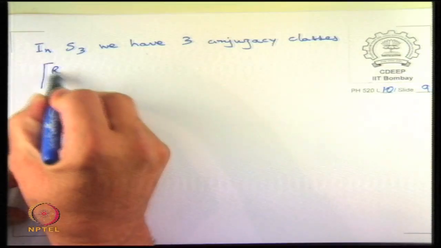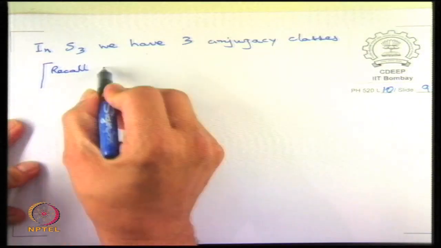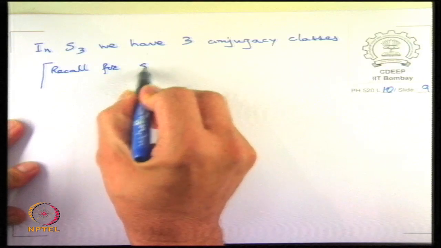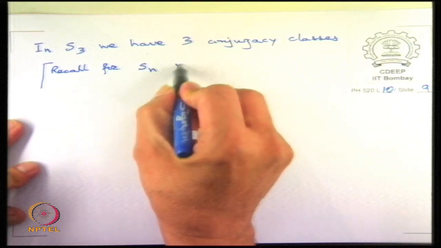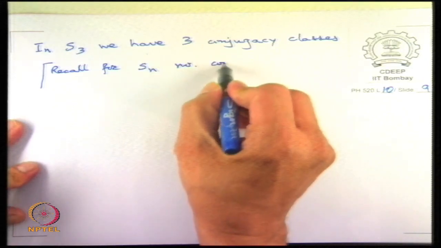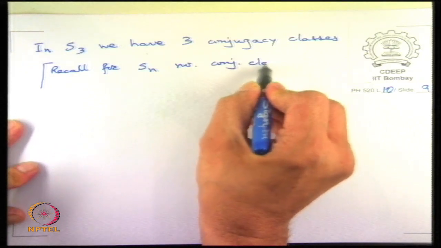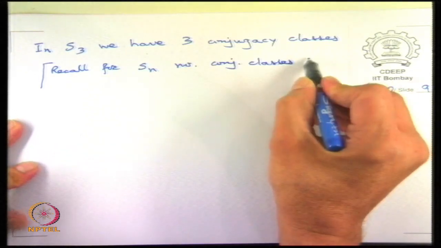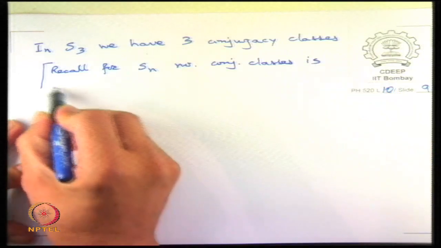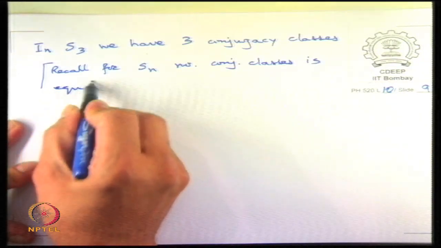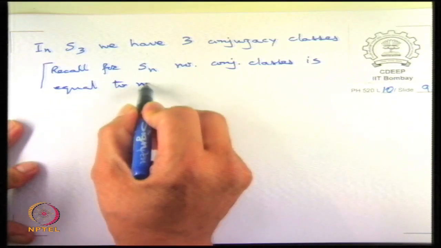And how do we know this? There is also a theorem, recall, for S3, for Sn: the number of conjugacy classes is equal to the number of partitions of n.